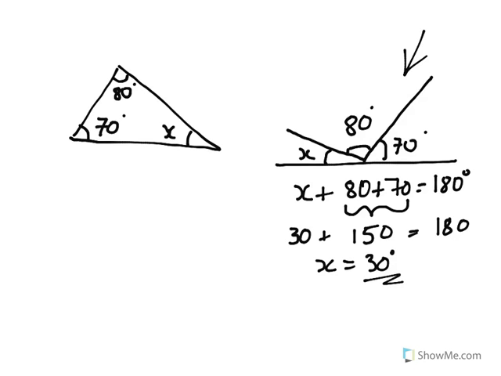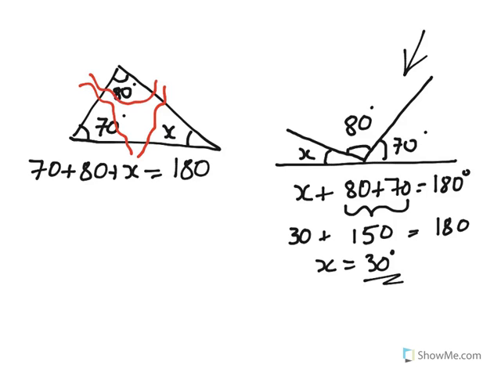But we also know that all the angles in a triangle add up to be 180 degrees. So by the same mechanism, 70 plus 80 plus x equals 180. Why do we know this? Well, I don't know if you remember, but there was an activity where we actually cut all of the angles of the triangle here, and then put them together, moved these angles, and stuck them together on a straight line, and proved to ourselves that every single angle of a triangle, because nobody in the class draws identical triangles, always add up.